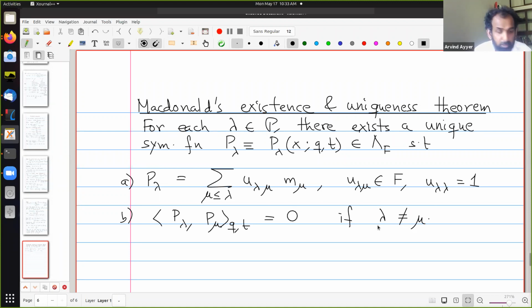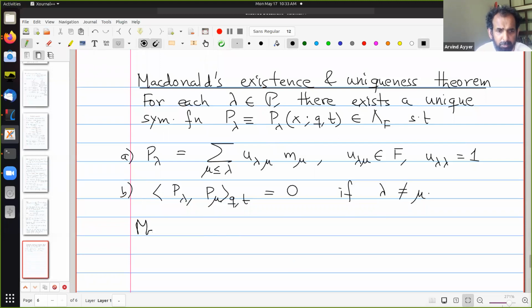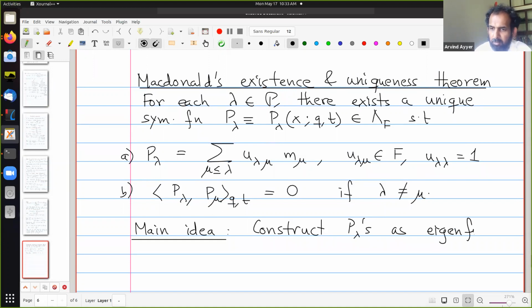Okay, so I wanted to prove this theorem, but I think I'm out of time. But the main idea, it's not a complicated proof, is to construct the P_lambda's as eigenfunctions of the operator.